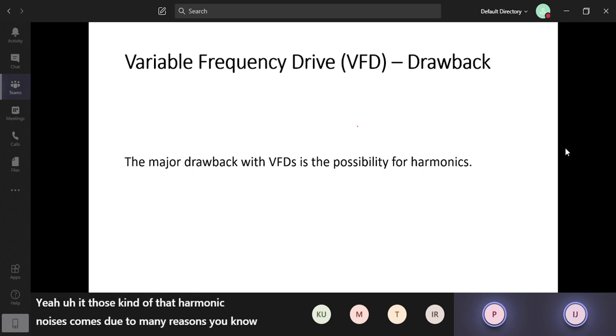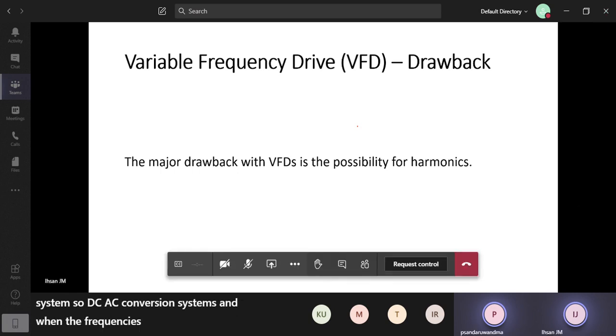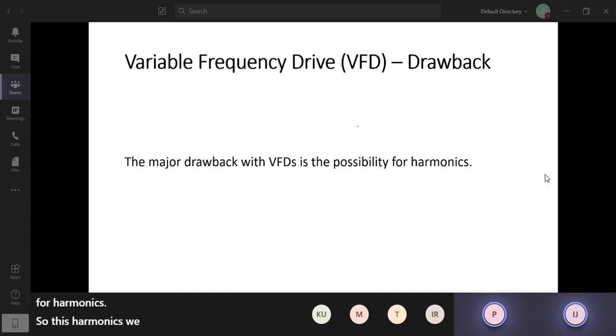Normally, when we have AC to DC conversion systems or DC to AC conversion systems, and the frequencies frequently change, as I said before, there is a possibility for harmonics. These harmonics will sometimes harm the total system also. That is the only drawback with variable frequency drives or VFDs.